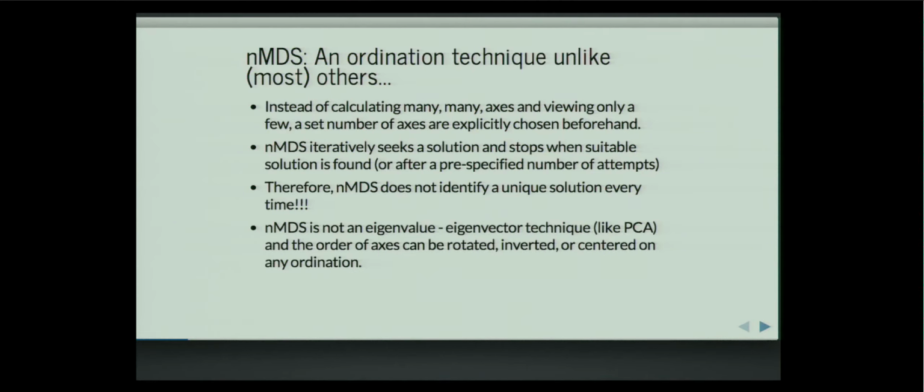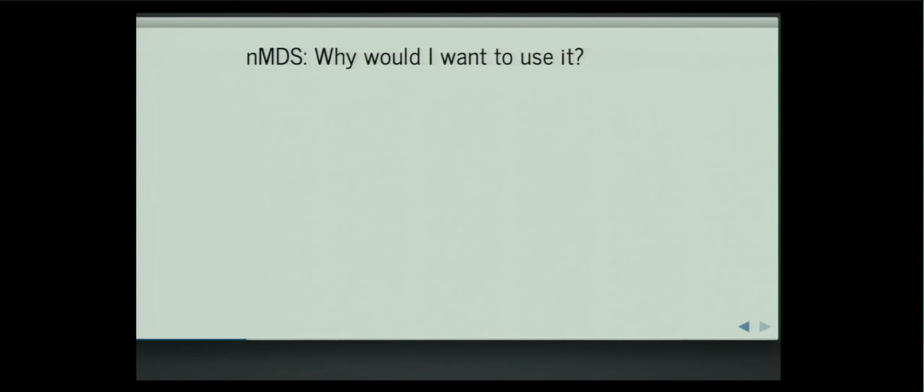And it's also not an eigenvalue vector technique like PCA, and so your axes aren't really the same. So with those sorts of caveats, why would you even want to use it? You don't really have to make as many assumptions about the data.